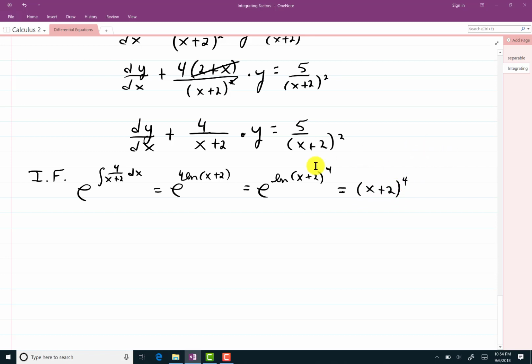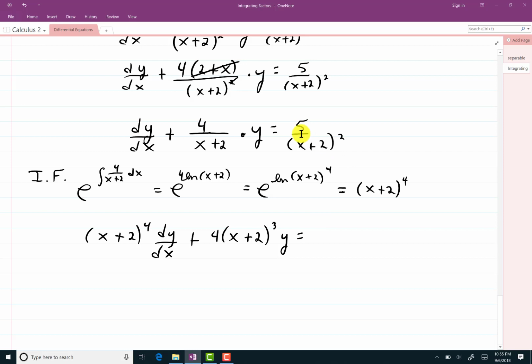So had you been thinking about it, you perhaps could have come up with this, but look exactly at what I'm talking about. When I multiply through by this, I am going to have (x plus 2) to the 4th times dy over dx plus, when I multiply (x plus 2) to the fourth times this middle piece, I will get 4 times (x plus 2) to the third times y.